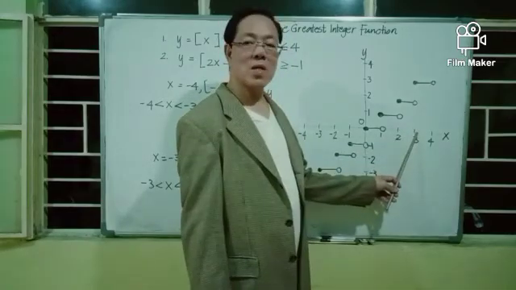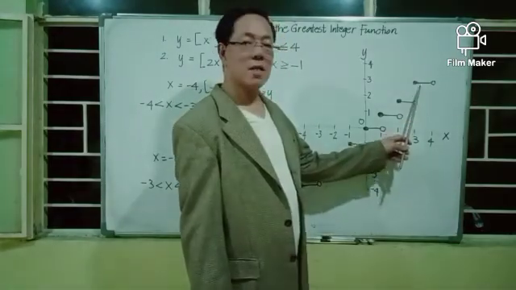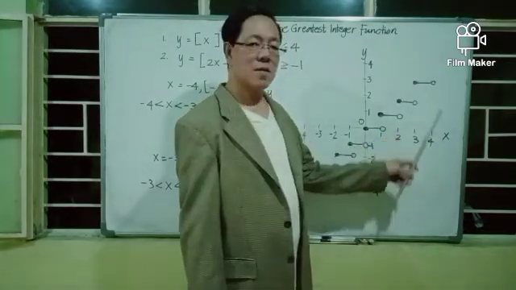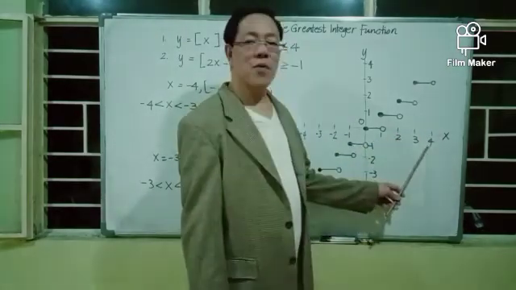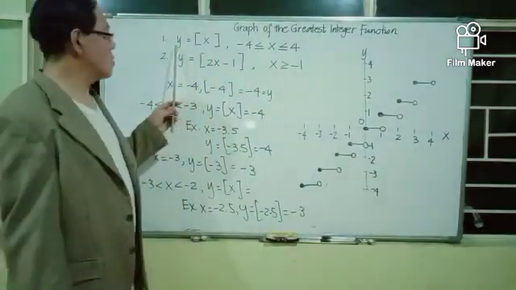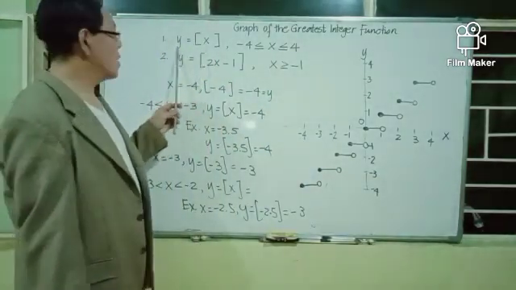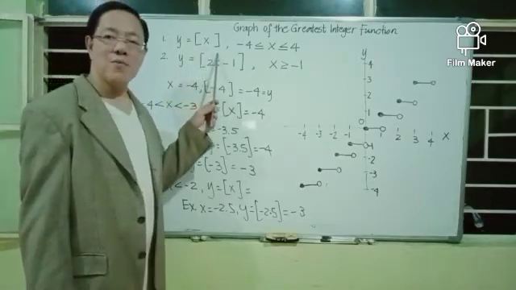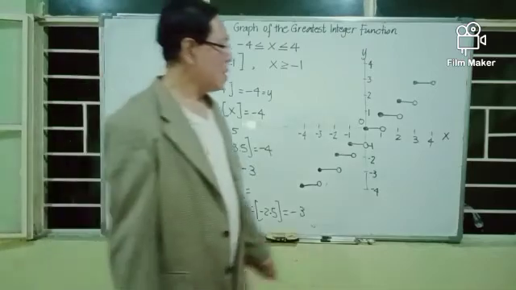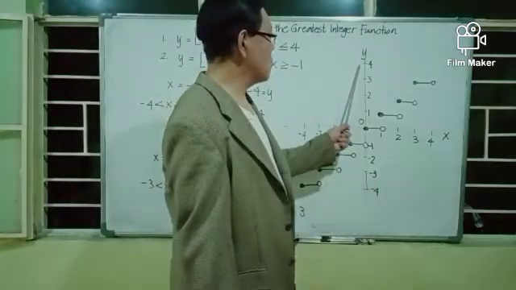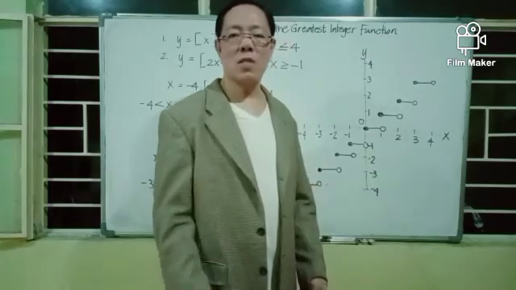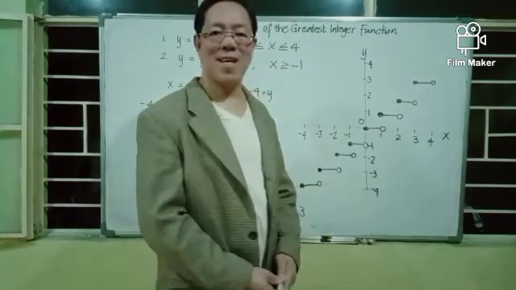When x is 3.001, the value of y is 3. When x is 3.99, the value of y is 3. But when x is 4, the value of y is not 3. When x is 4, y is equal to the floor of 4, and the floor of 4 is 4. When x is 4, the value of y is 4, and we indicate that by a point or small shaded circle.